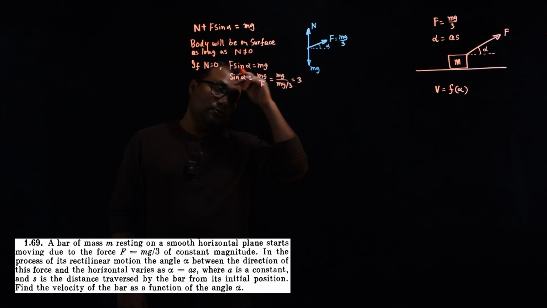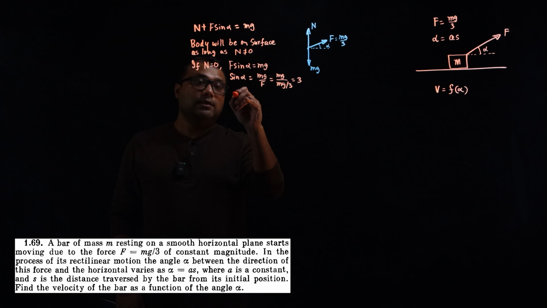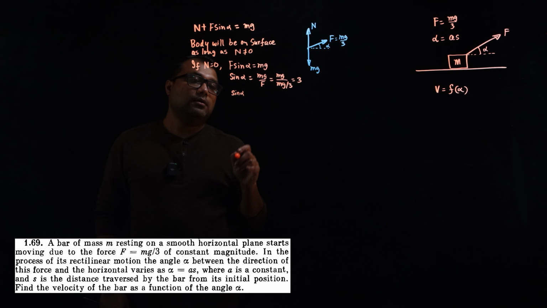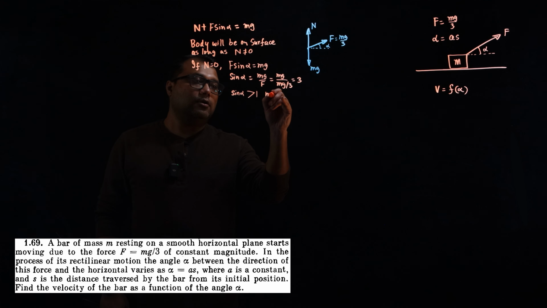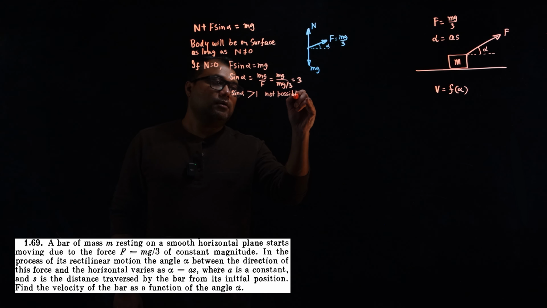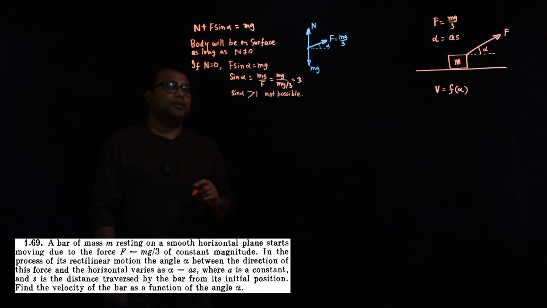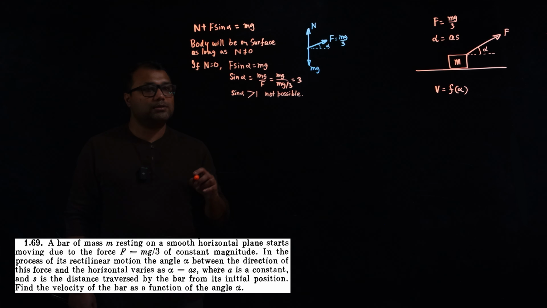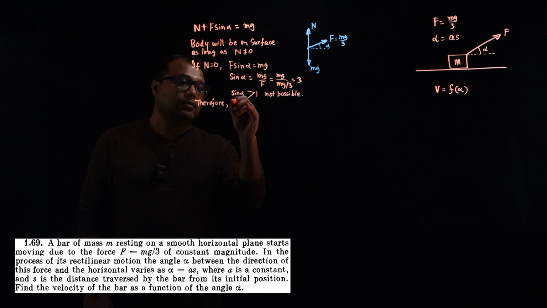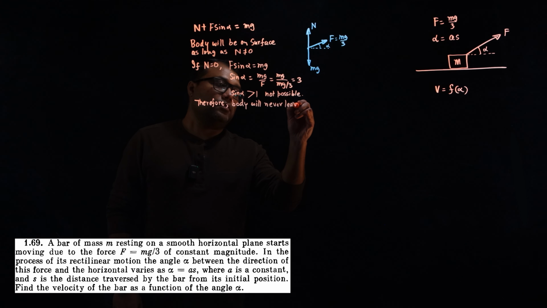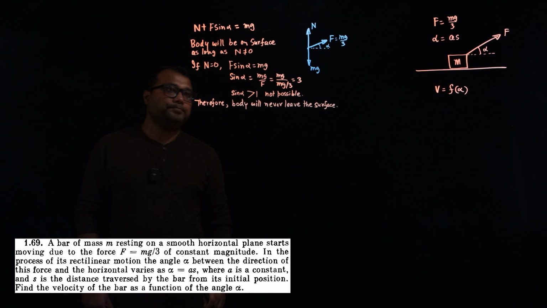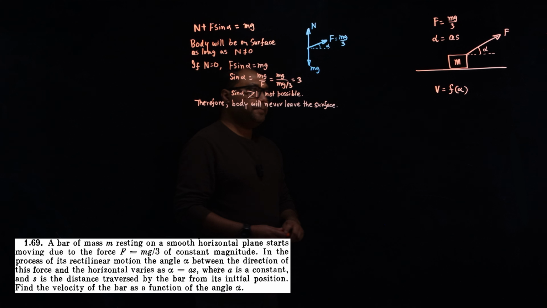So this turns out to be 3. Now, since sine alpha cannot be greater than 1, not possible. So therefore we conclude that the body will never leave the surface.